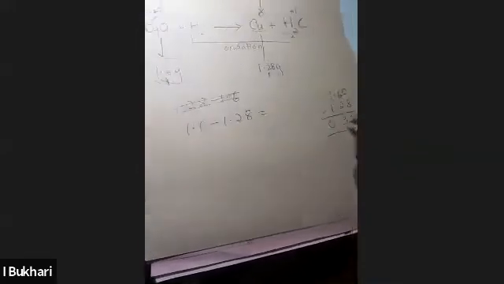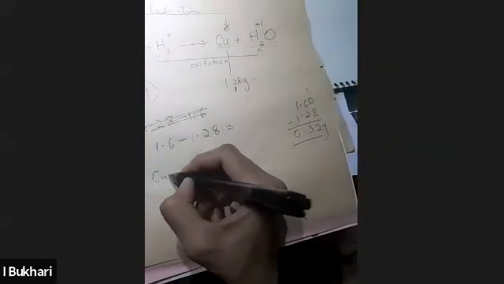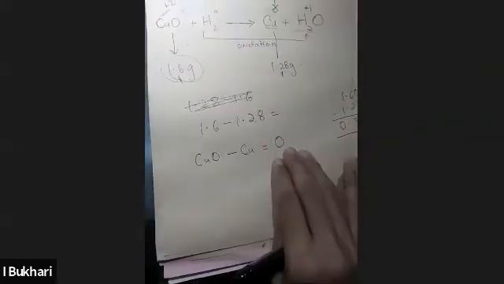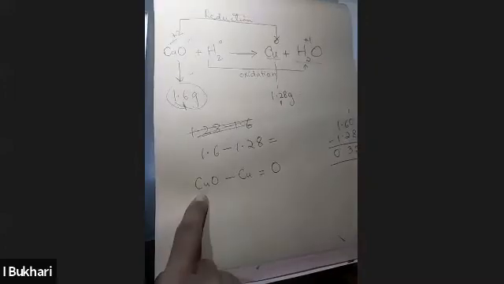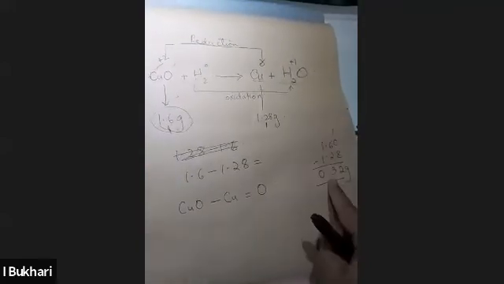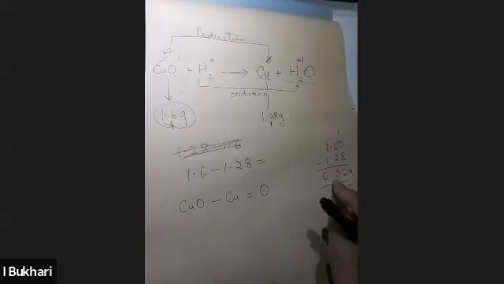Yeah, okay, 0.32 grams. So that's how we get the mass of oxygen. What did I do? Copper oxide minus copper would give me oxygen. Is it making sense? I know the mass of copper oxide, I know the mass of copper. The difference will give me the mass of oxygen. So the mass of oxygen is this.